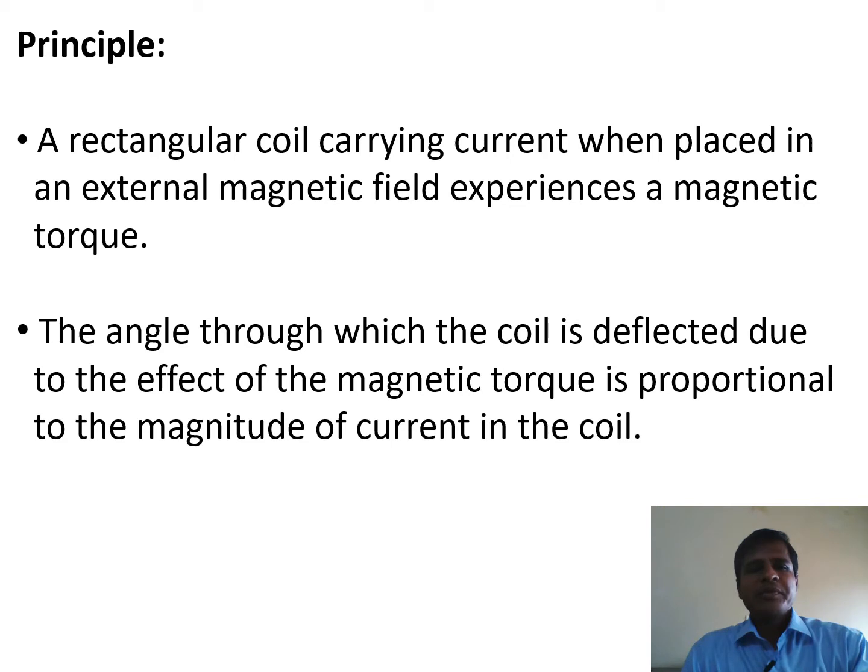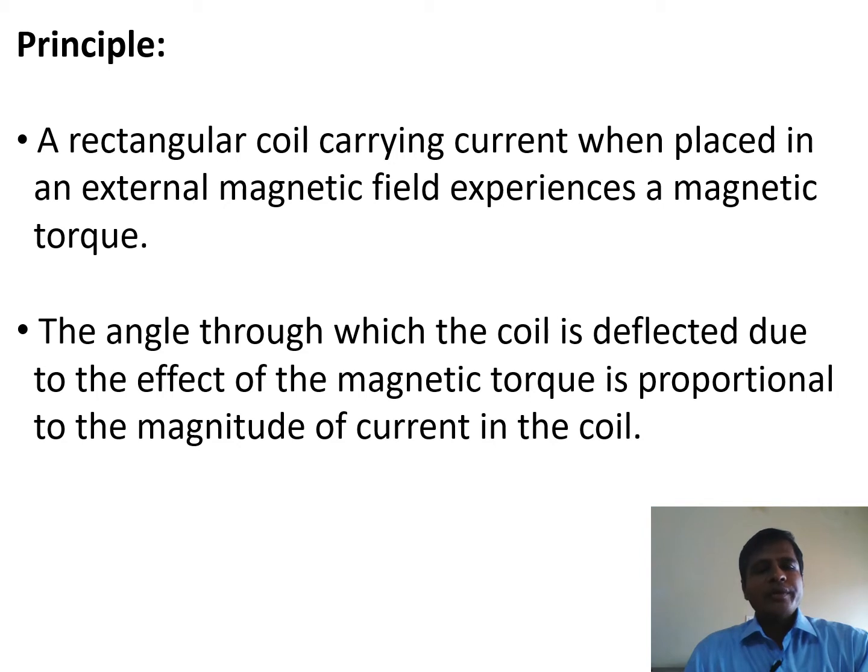The main basic principle behind the working of the ballistic galvanometer is: from electromagnetic theory, we know that a rectangular coil carrying current, when placed in an external magnetic field, experiences a magnetic torque, and this torque induces oscillations or deflections in the rectangular coil.